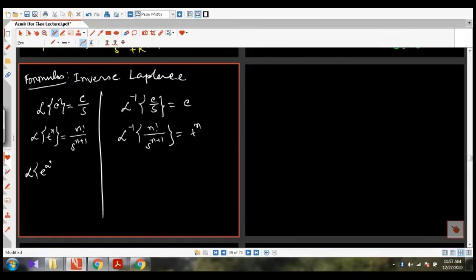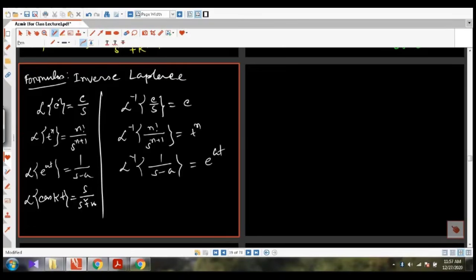Laplace transformation of e power at is 1 over s negative a. So inverse Laplace transformation of 1 over s negative a is e power at. Laplace transformation of cosine kt is s over s squared plus k squared.